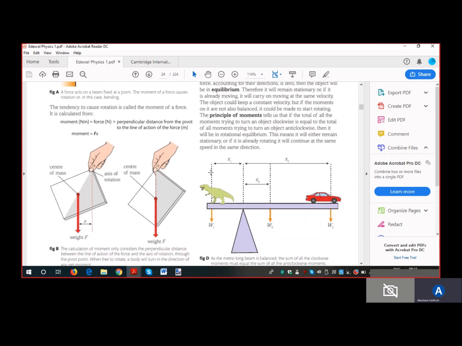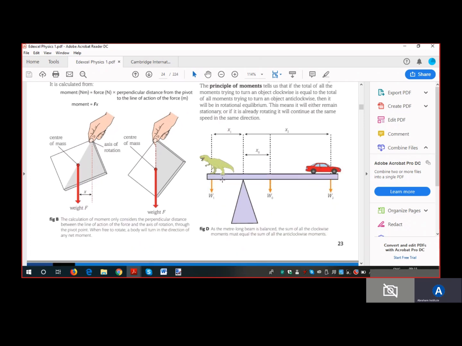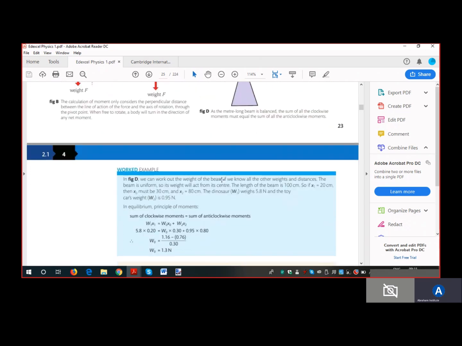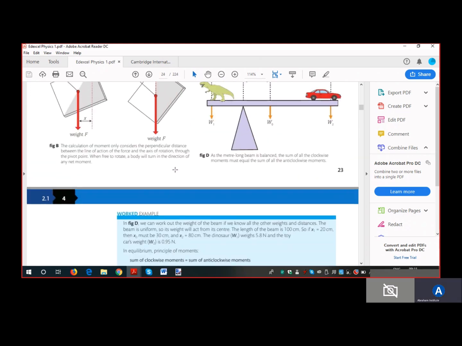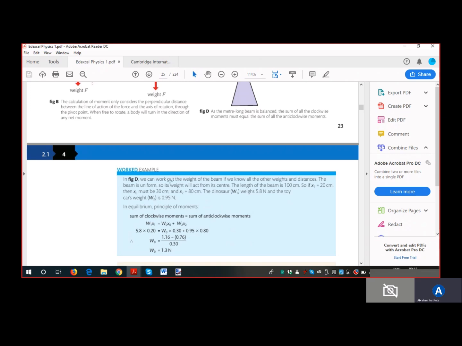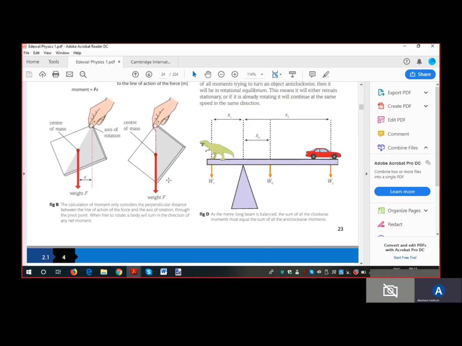If you consider this example here, actually they are doing that calculation. You can see this diagram. I think the best thing is to take moments about this point, because they have not given the force, and also the distances from this point are all labeled.